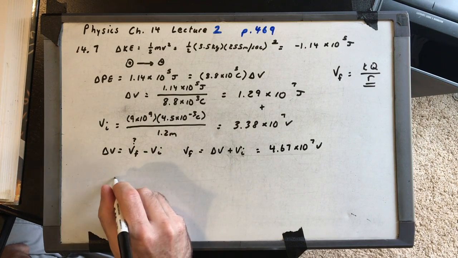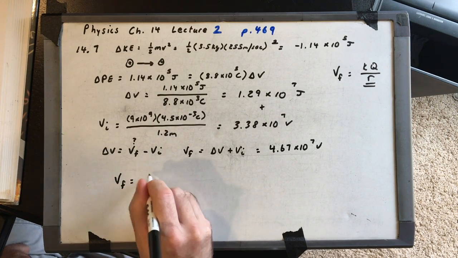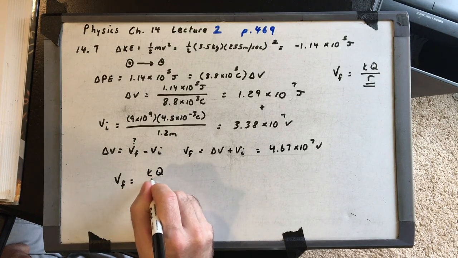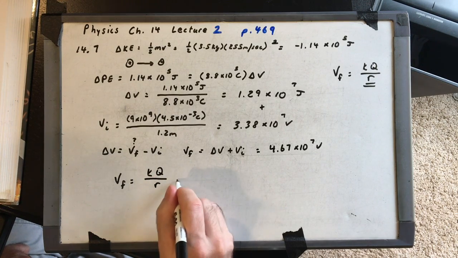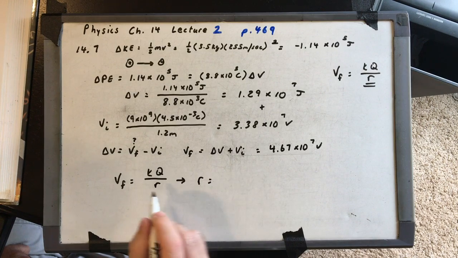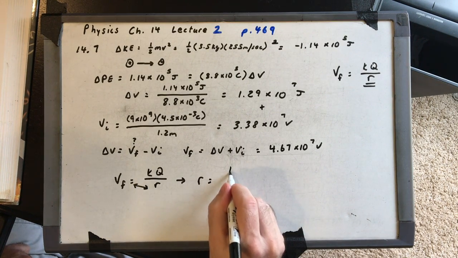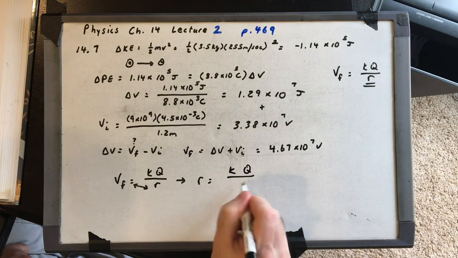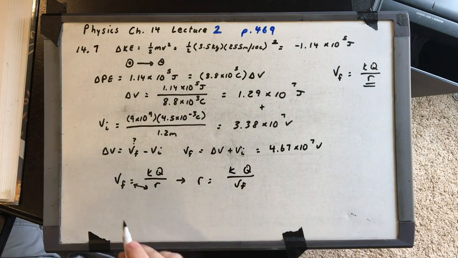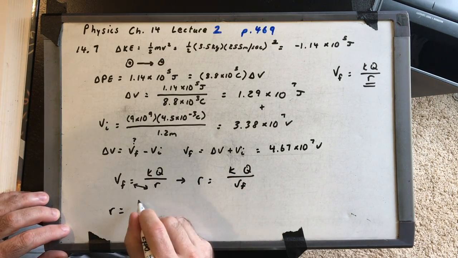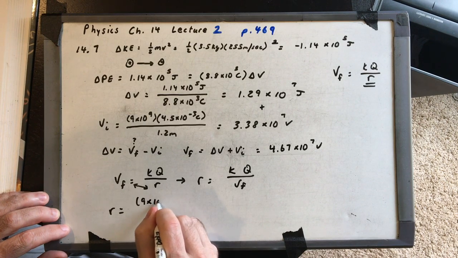Now I can, if our final voltage is K times the fixed charge big Q over R, solving for R, you just switch these two, right? R is equal to K times big Q over the final voltage. So R is equal to 9 times 10 to the 9th.